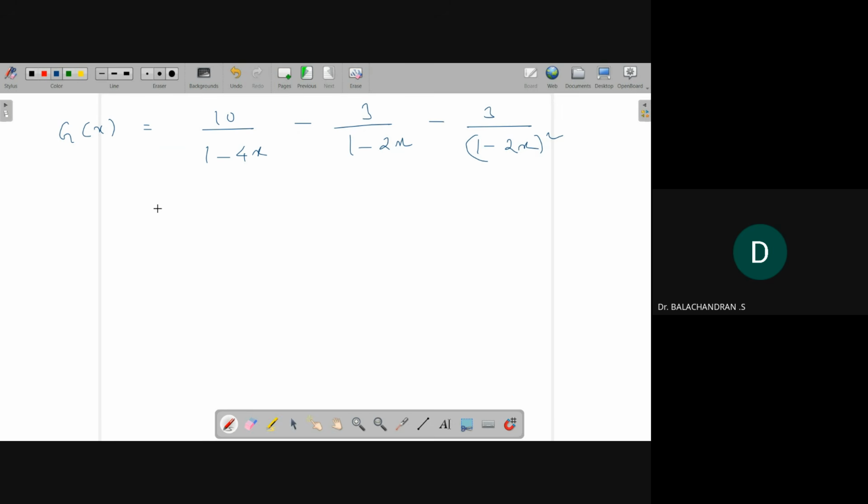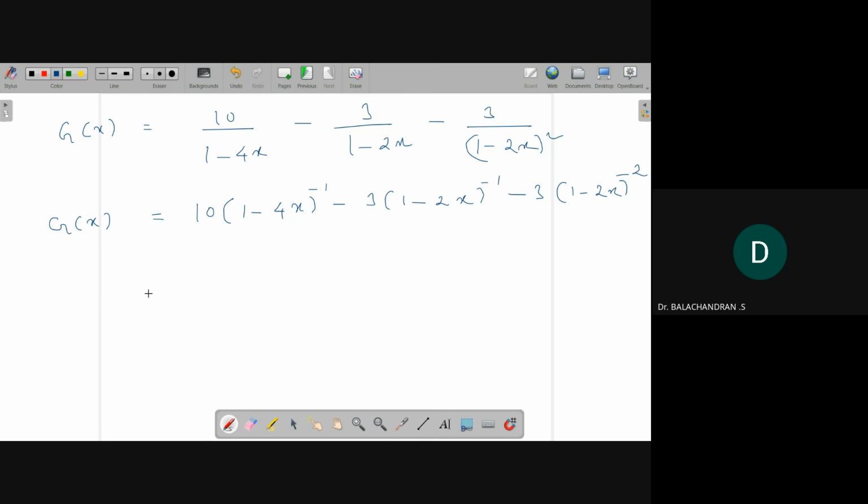Or g of x is equal to 10 into 1 minus 4x whole power minus 1, minus 3 into 1 minus 2x whole power minus 1, minus 3 into 1 minus 2x whole power minus 2.